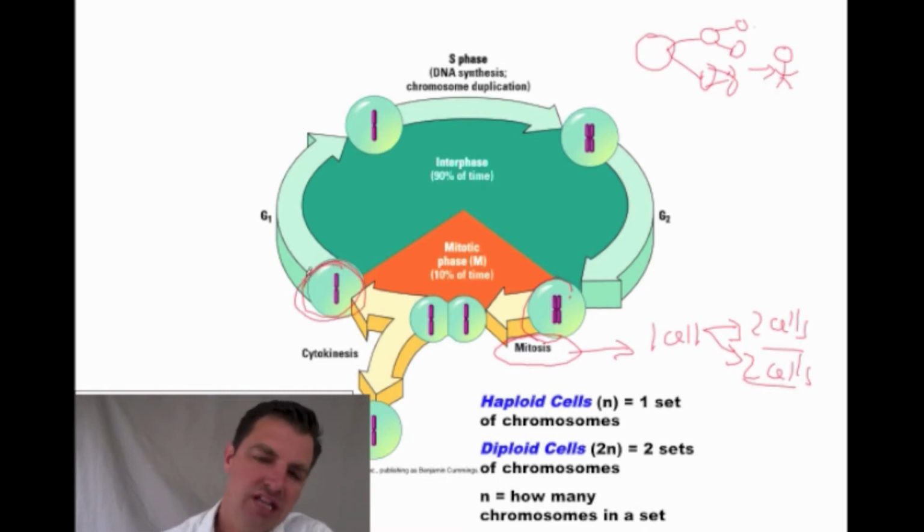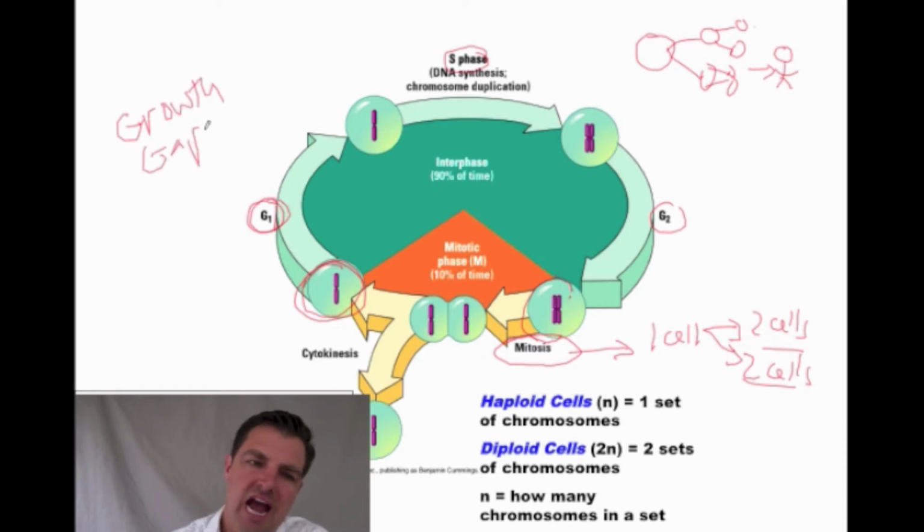So what we're going to do is take that one cell, and the cell cycle goes through these three phases here. One is G1, then S phase, and then G2. G1 stands for either growth or gap, you see both these terms, 1 and 2. During G1, your organelles are being copied.